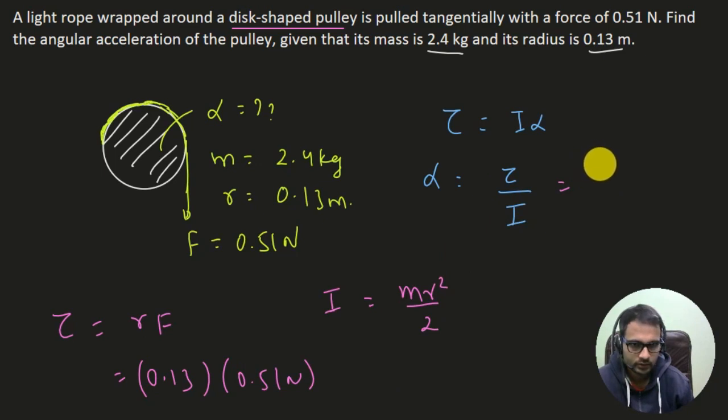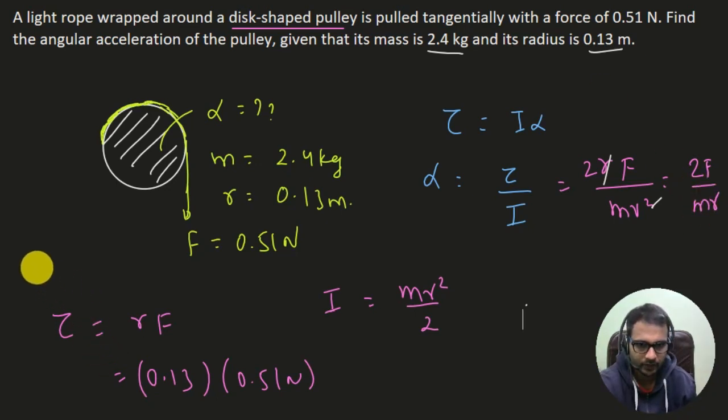So if I plug all these values here, alpha is R into F divided by MR square divided by 2. So multiplied with 2, I can write it this way. R and R will cancel. This would become 2 into F divided by M into R. So we have obtained the expression for alpha.